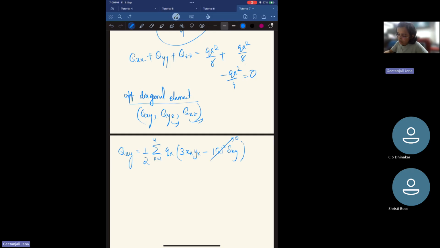This is 0 because delta xy is 0. So we have half summation 1 to 4 of qk xk yk.